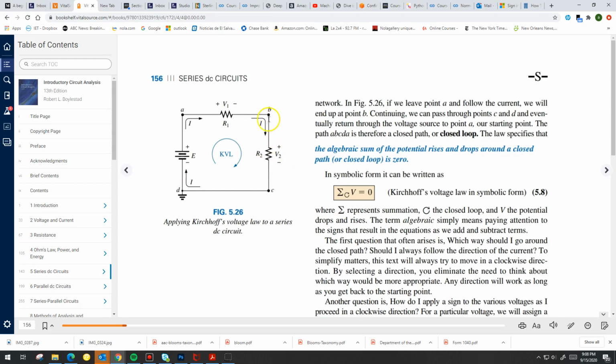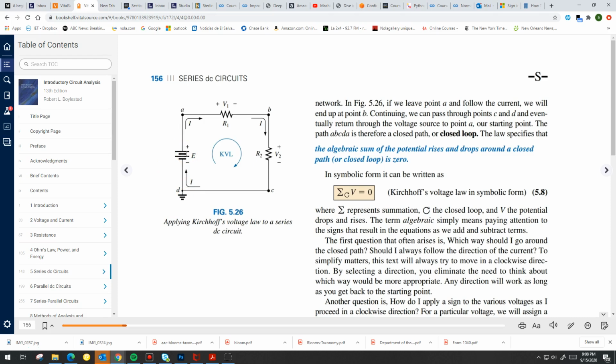I have a voltage gain. See, everything is relative. That's what's important, that you always know where you are, because this is relative. So from C to B, going in that direction, I see a gain now. From B to A, I see another gain. And from A to D, I see a drop now.